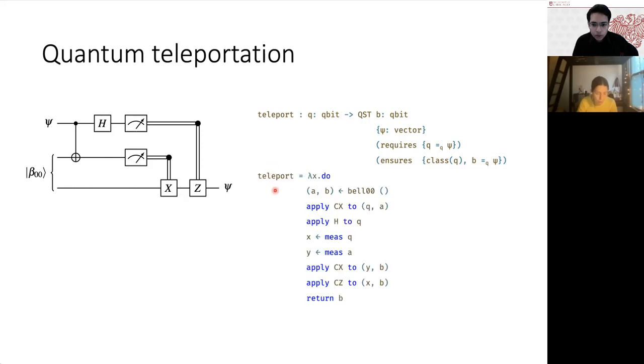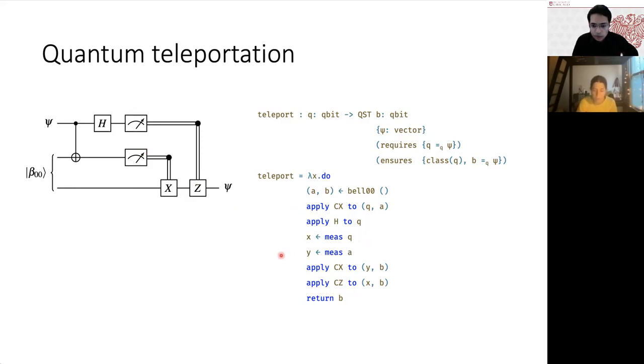So here's the code, and a couple of interesting things here. We are able to use the Bell 00 function we defined in the previous slide to initialize 2 qubits A and B to the Bell pair. Then we just apply these gates, CX and H. And then the new thing here is that we are doing some measurements on the first 2 qubits.